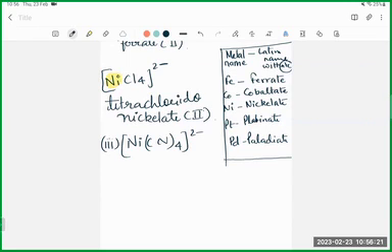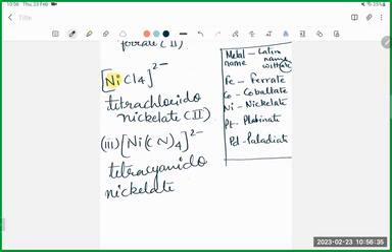Is it tetracyanonickelate? Very nice. Tetracyanidonickelate. Oxidation state: 2. 2.